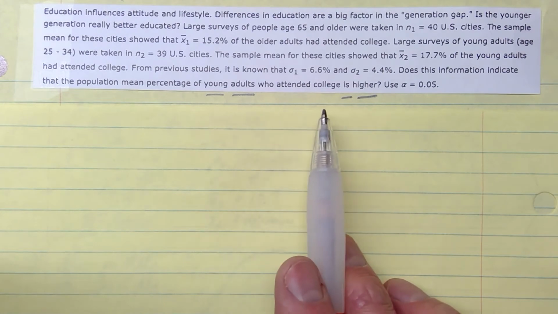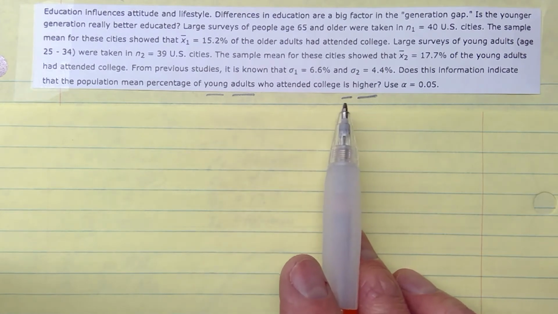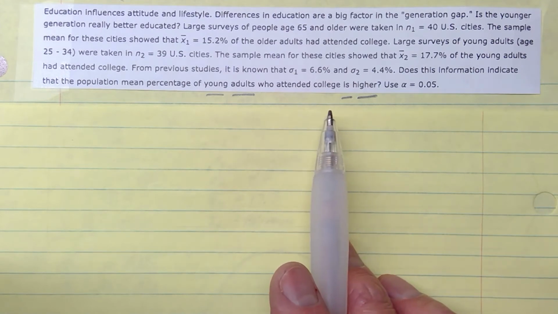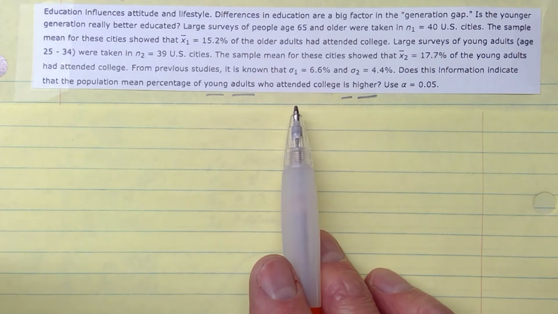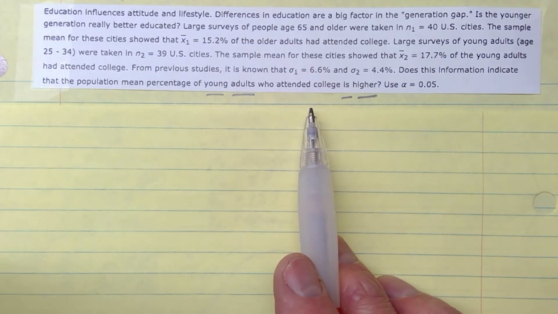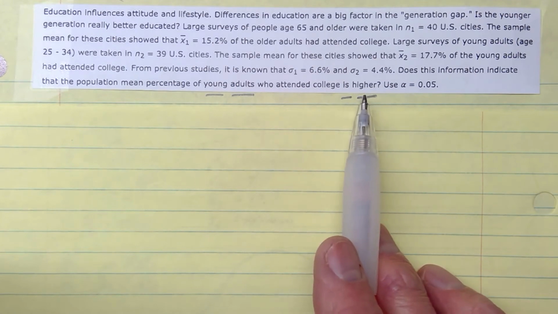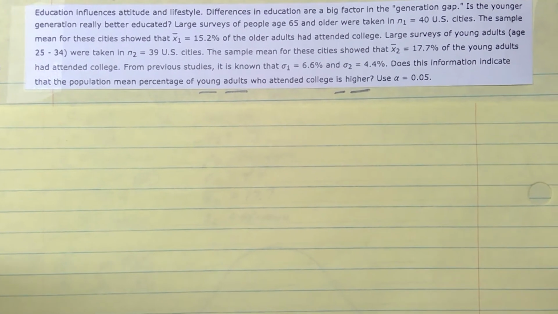You'll see here in a second when we organize our information. You've got to be careful and read so you know what kind of test you're running. If it's a less than test, which is left-tailed, or a greater than test, which is right-tailed, or a different from test, which this is not, because they said it's higher. So I just have to figure out which way the less than or greater than symbol is pointing.